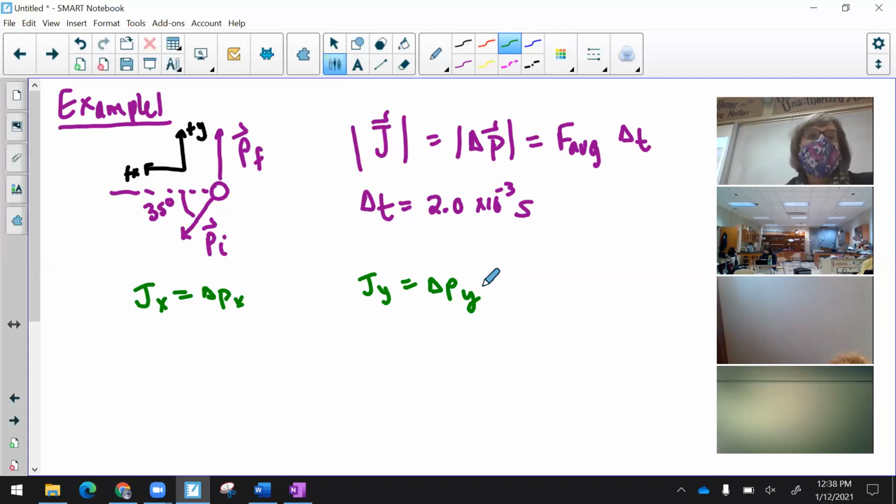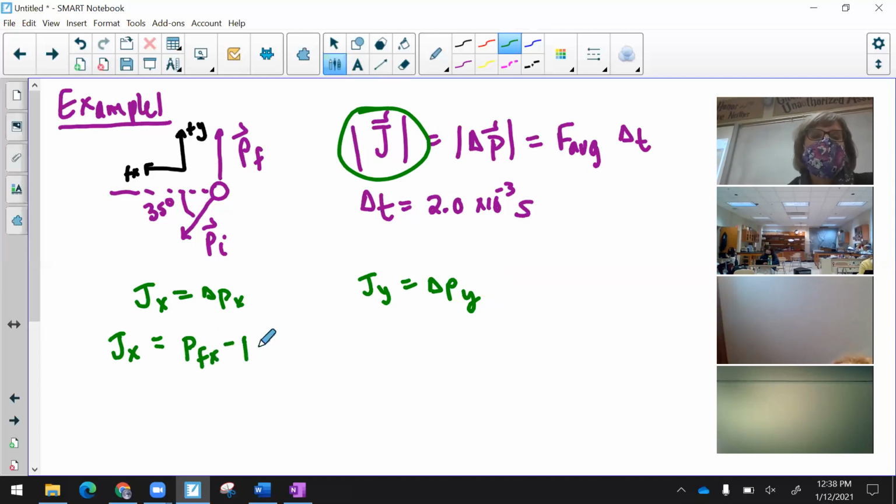And then once we have the magnitudes for Jx and Jy, we can figure out what the magnitude of J is. So we'll start with the x direction. So Jx is going to be P final x minus P initial x.